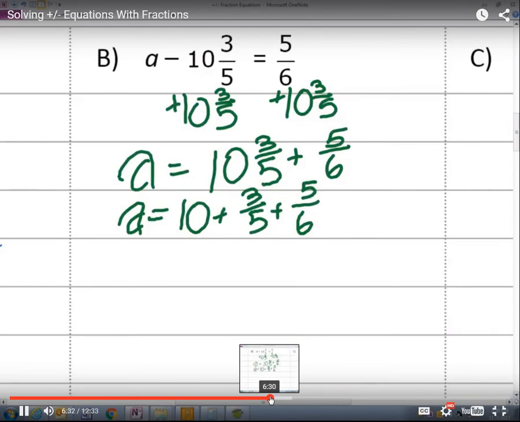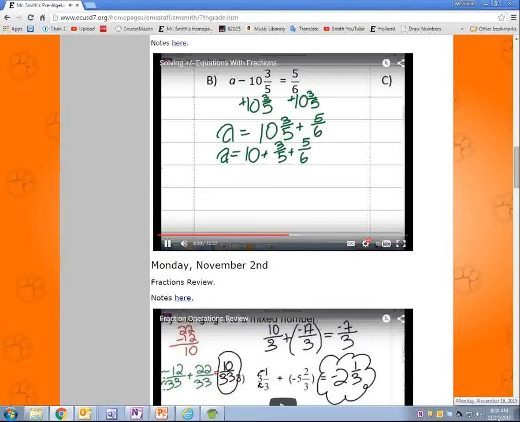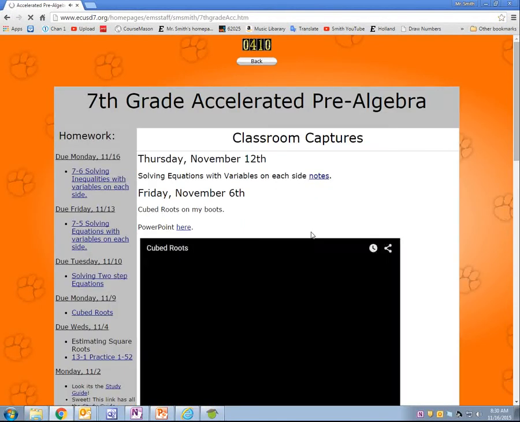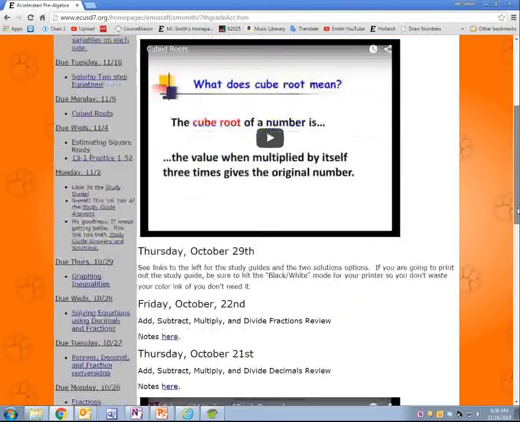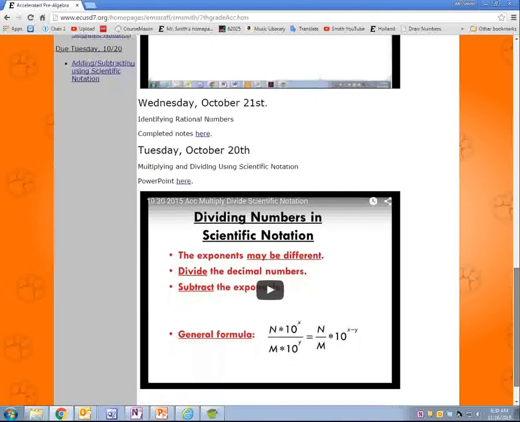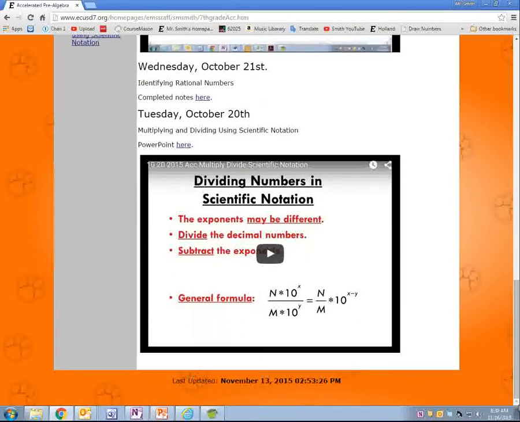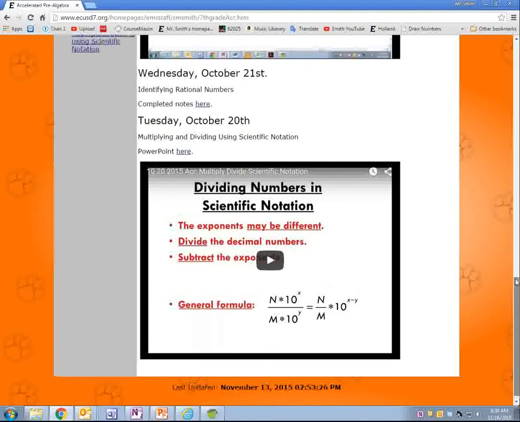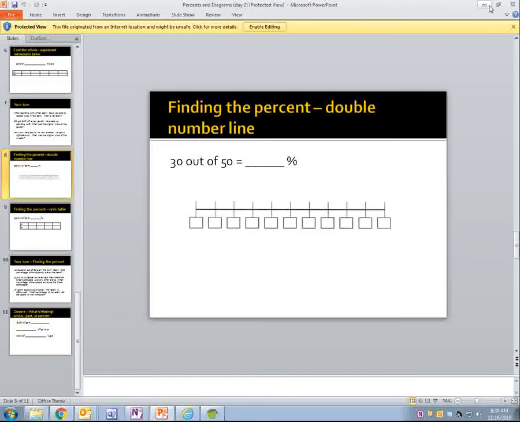All right, my honors is doing it. My accelerator is doing it. Cubed roots. Divide decimals. Yeah, no examples right now. But yes, definitely, there's going to be a lot of stuff happening to the variables.